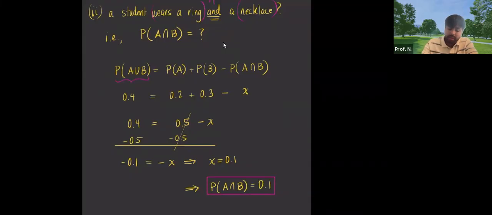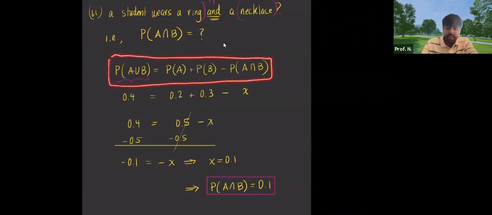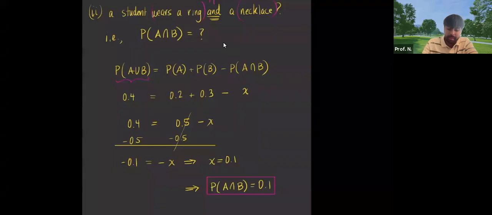So there are different ways you can manipulate this equation to find the missing quantity. You could solve for it by putting everything on the other side, negating everything, and you get a different expression. That's also perfectly fine. But again, this is a very important principle in probability, knowing how to apply this. Sometimes you have 3 of these quantities and you're just looking for the other missing quantity.